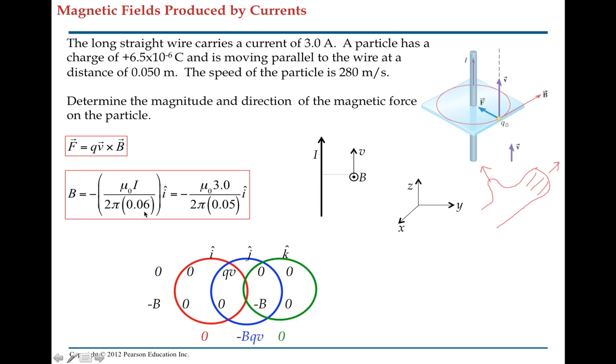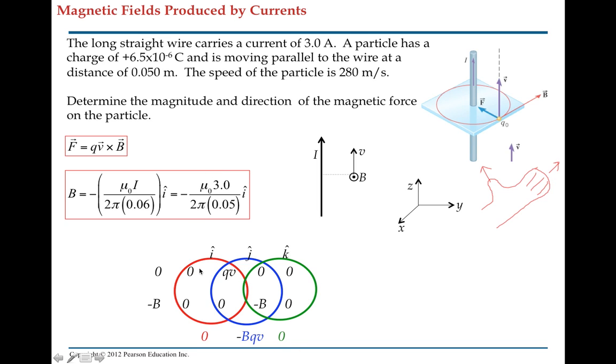And I can now do the cross product of V, which is along Z hat, with B, which I know is minus i hat. Remember these, X, Y, Z. So B is minus B, 0, 0, where B is this number here.